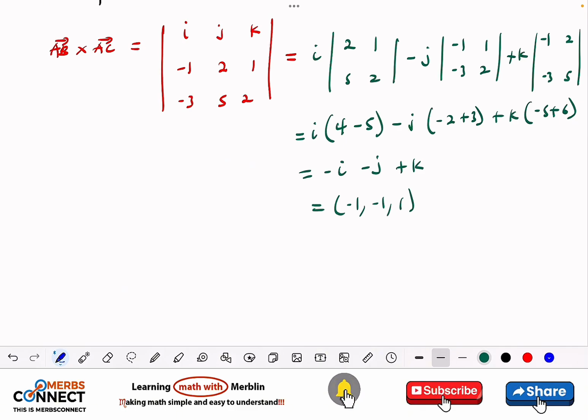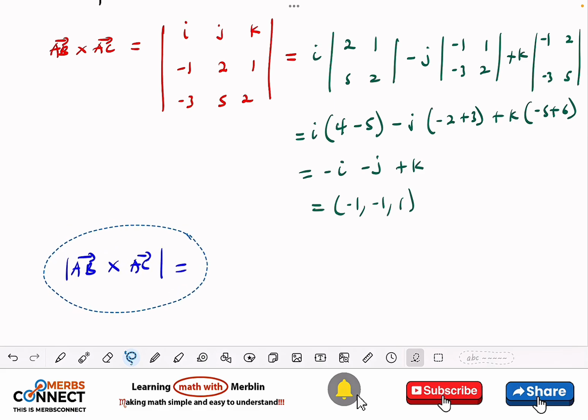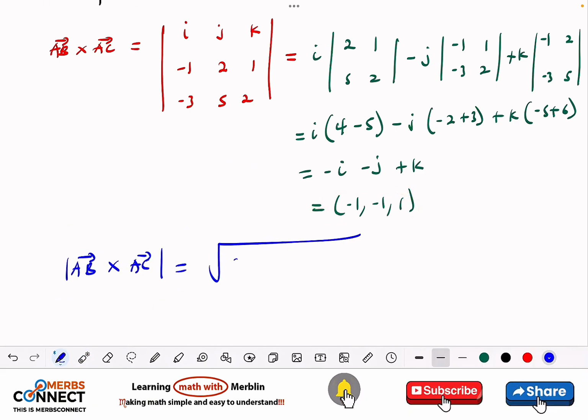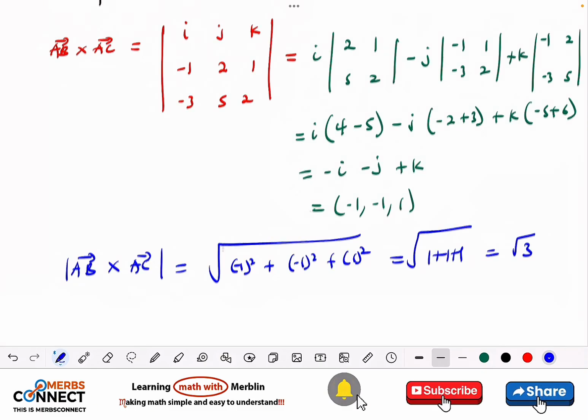So all we need to do now is find the magnitude of AB cross AC, which is just picking this one and taking the square root. So this is going to be -1 squared plus -1 squared plus 1 squared, which is 1 plus 1 plus 1, and this is going to be root of 3.